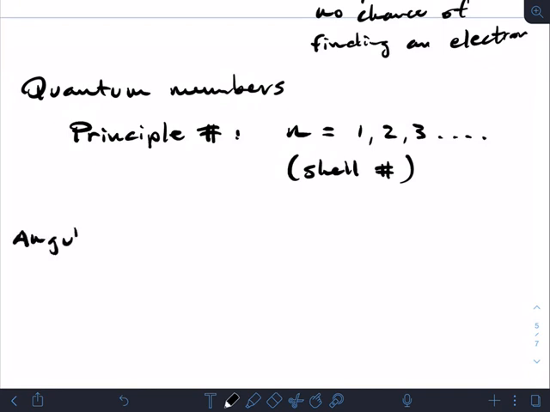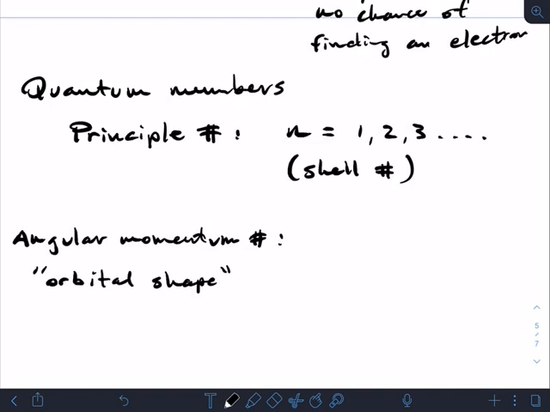Our next number is called the angular momentum number. The angular momentum number tells us the orbital shape. What shape is the orbital?